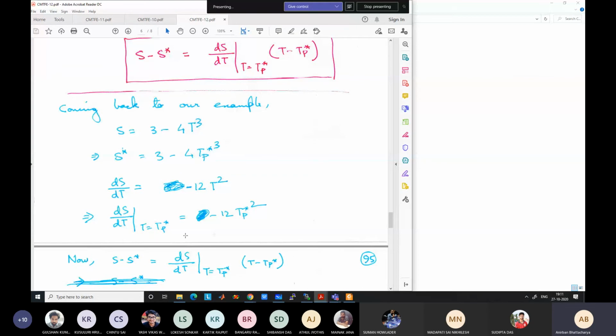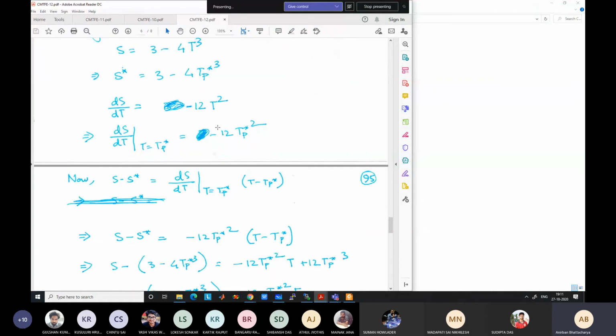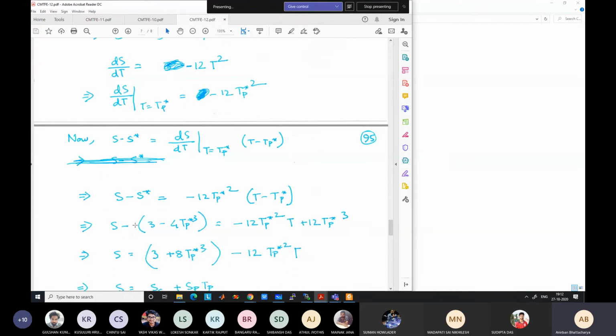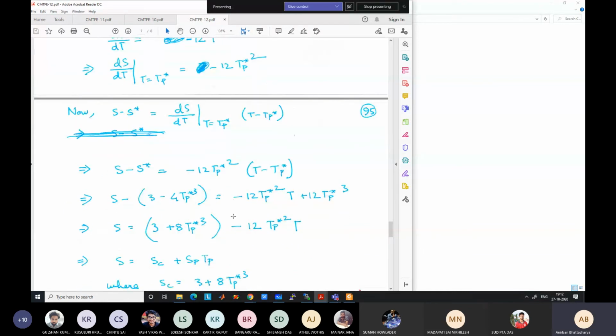S minus S star is equal to dS/dT at T equal to TP star, into T minus TP star. I can replace these values in this equation. What I will get is S minus S star equal to minus 12 TP star squared into T minus TP star. And S star also I can replace: S star is 3 minus 4 TP star cubed.